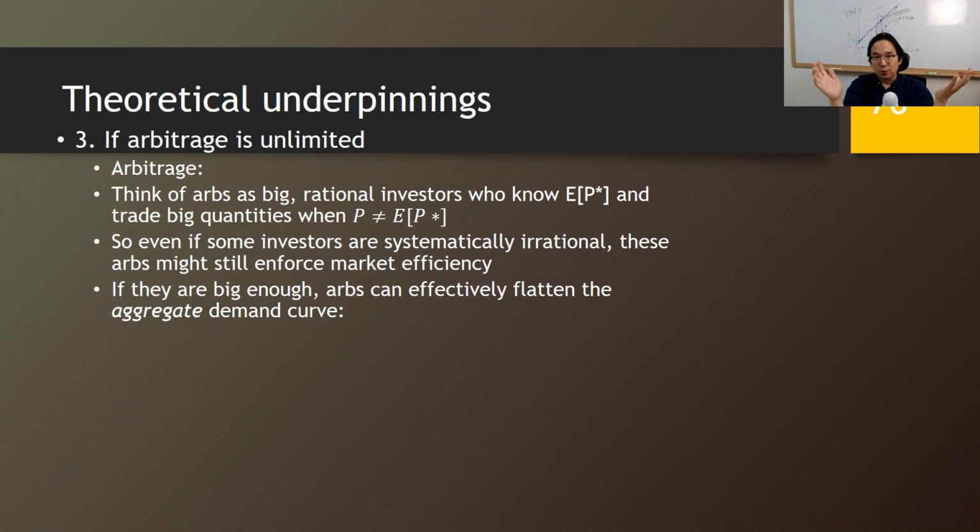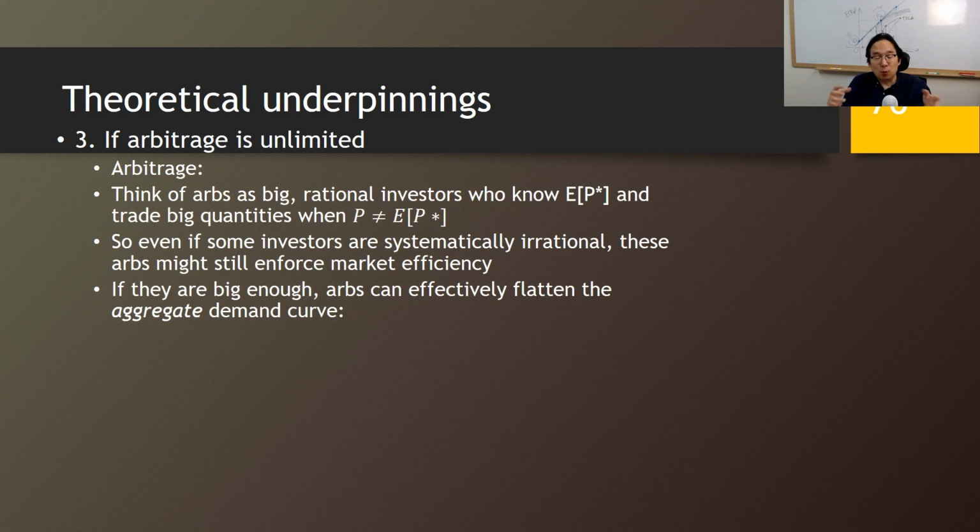They will hammer down the price to the equilibrium level back again, so the demand curve will be flat. And what if the price goes below by a little bit? Then they will push up the price by buying and taking an infinite long position. So arbitrageurs are needed in the third scenario.